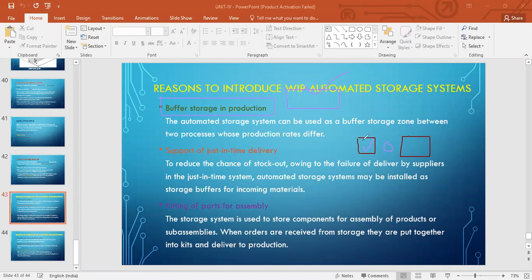Because the rate of production is high here, it will output more and more products which cannot be stored because your buffer storage is of a limited capacity. So instead of having a buffer storage between every other workstation or department, you are having it solely dedicated for storage. That's why we're calling it buffer storage in production.